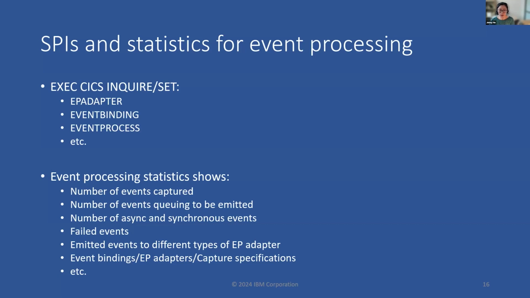For example, how many events have been captured, how many are queuing to be emitted, what is the number of synchronous and asynchronous events captured, are there any failures, how many have failed, and what are the different types of event adapter, and what is the number of events emitted to those different types. And there are also resource statistics on the event binding, EP adapter, and the capture specifications. So those are a comprehensive set of tools for the system admin to keep an eye on all the event bindings in your CICS regions.